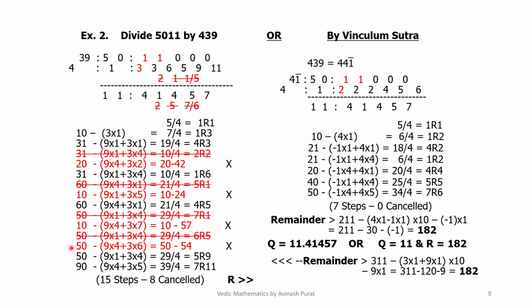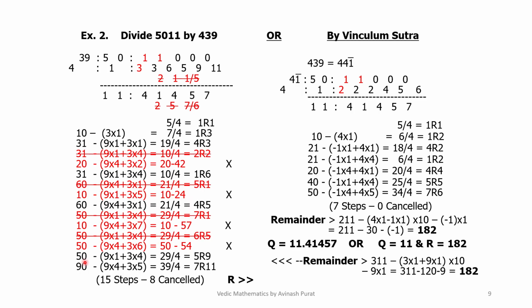But again 50 minus 9 into 4 plus 3 into 6, 18, and plus 36, that is 54. 50 minus 54 is negative, so we cannot take 6 also as a quotient.